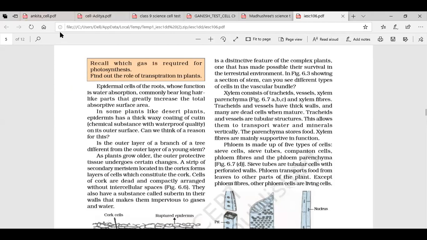So due to transpiration also, a cooling effect will be seen. The plant parts get cooled down due to evaporation. In the summer season, the transpiration rate increases, due to which the cooling effect is seen.